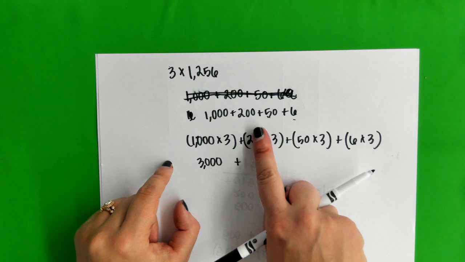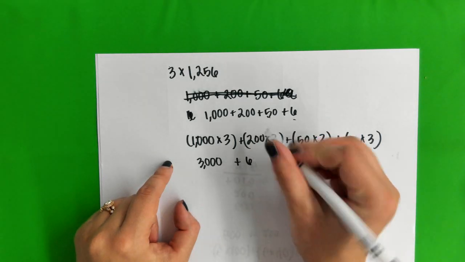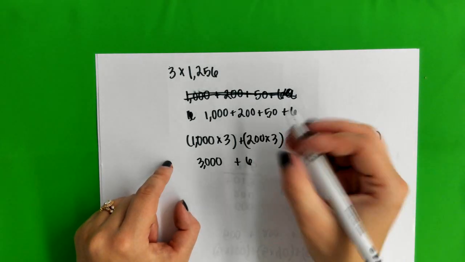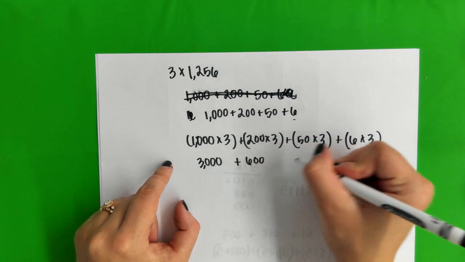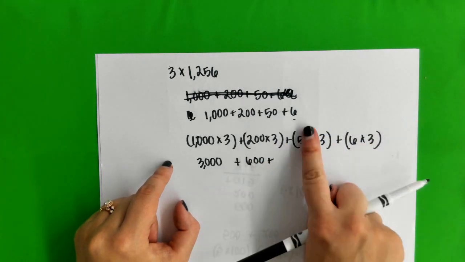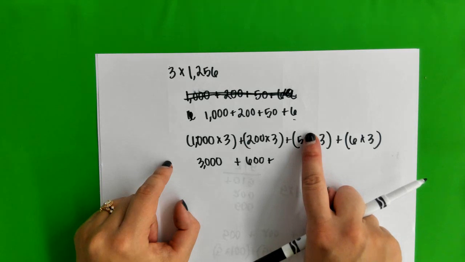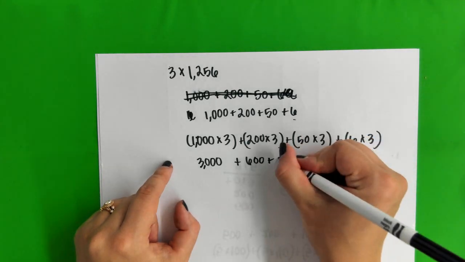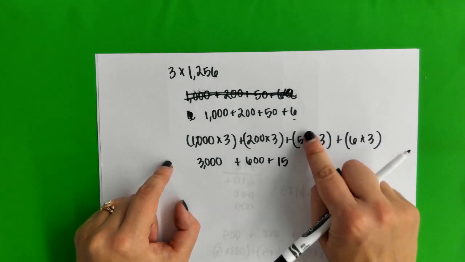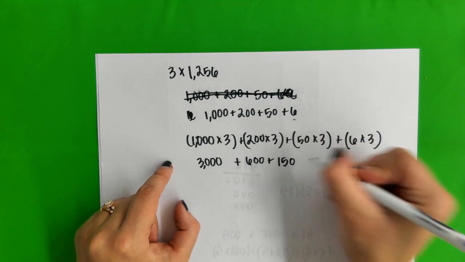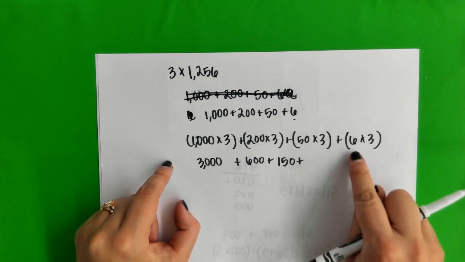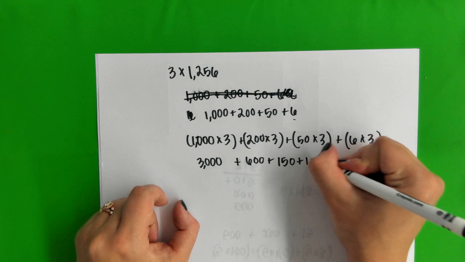2 times 3 is 6. And I uncover 2 zeros, so I add 2 zeros. 5 times 3 is 15. Uncover a 0 and add a 0. And 6 times 3 is 18.